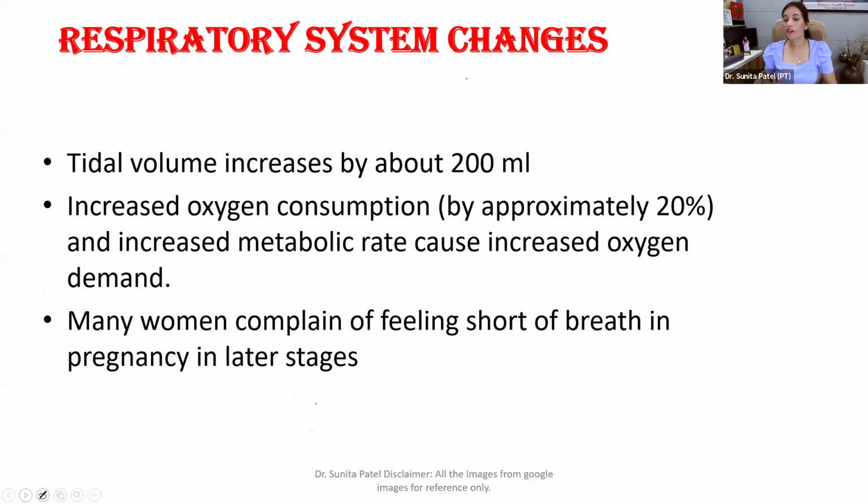Many women complain of feeling short of breath in pregnancy, even at a later stage, more so starting from the 6th, 7th, and 8th month. One reason is that the capacity is high and the tidal volume has increased, which is the need of the body. The second is that the uterus will start compressing the diaphragm.